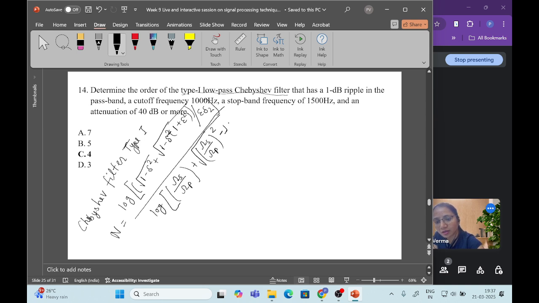It is under the root. Okay, so omega s and omega p are given.